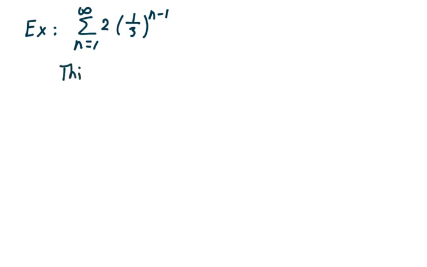Now let me show you something else. Suppose I have the summation from n equal 1 to infinity of 2 times 1/3 to the n minus 1. This series converges. Okay?